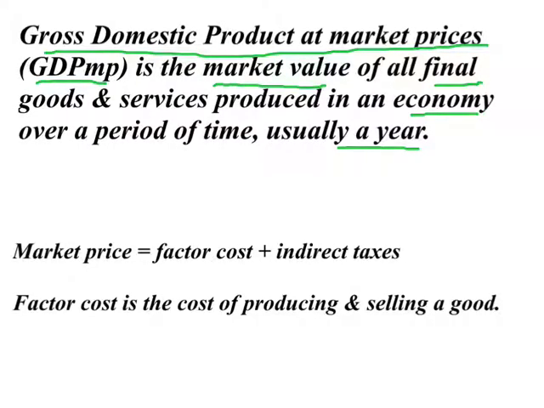Gross domestic product at market price, GDP-MP. Now, market value is the same thing as market price, and market price is a sum of factor cost and indirect taxes. What do we mean by factor cost? Factor cost is the cost of producing and selling a good. Consider the following example.